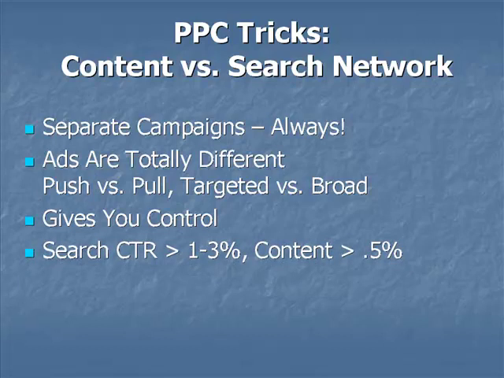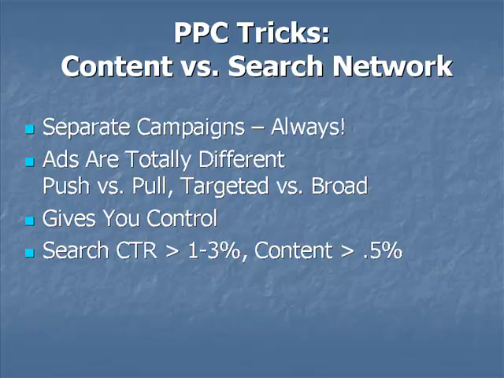So for example, with a search campaign, you want to strive for a click-through rate of at least 1 to 3%, definitely greater than 1%. And with content, it's greater than 0.5%. So you can see that if you have these two types of ads lumped into one campaign, and your click-through rate is, let's just call it 1%, well, I guess if it were 1%, then you would be doing pretty well on both accounts.